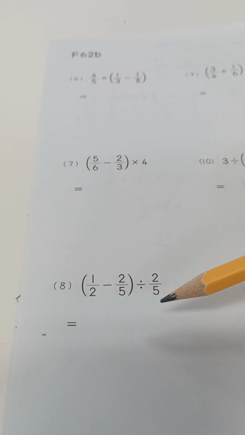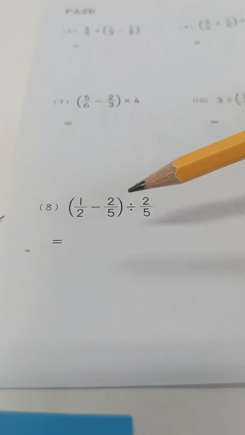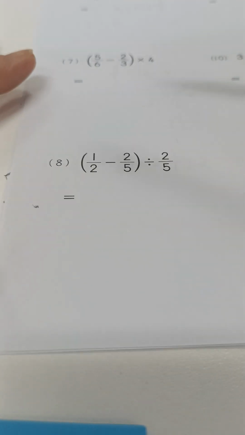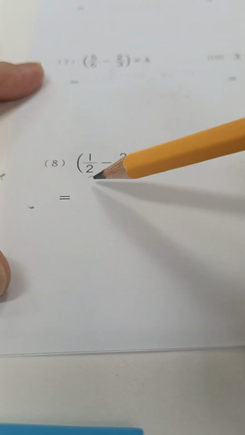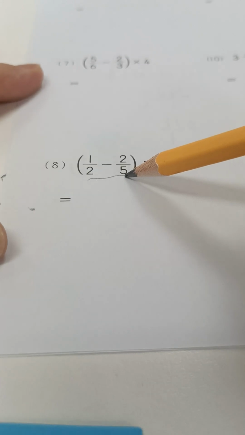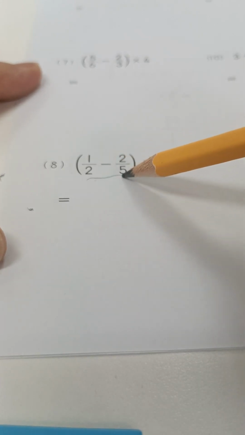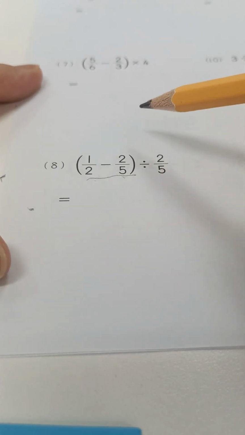Let's move to number 8. Number 8 on F62B here. Same rule applies. We tackle what is inside the bracket first. Of course, doing subtraction of fraction, we need to change the denominator to the same number.